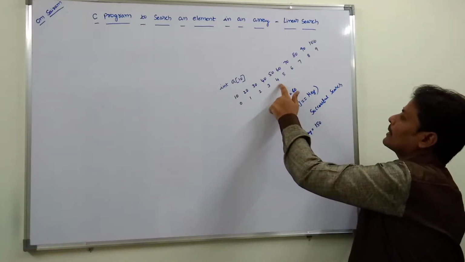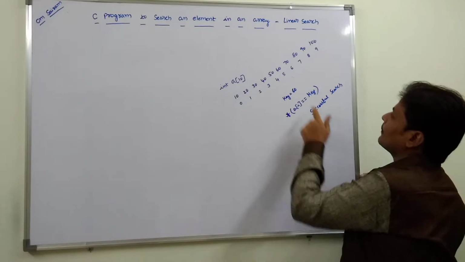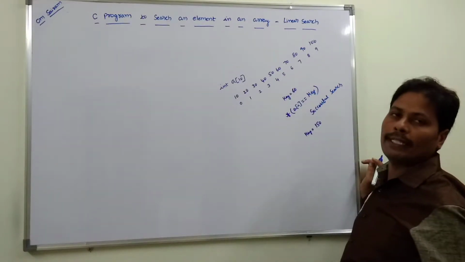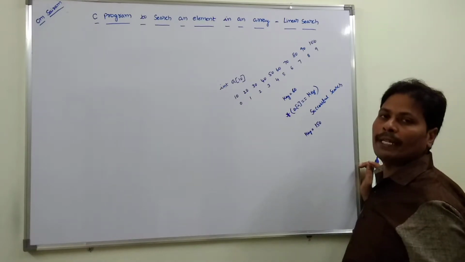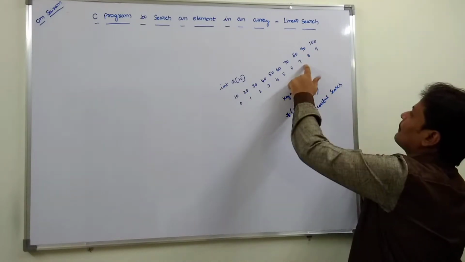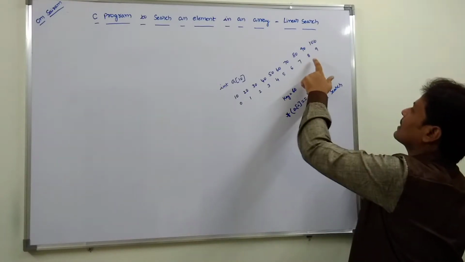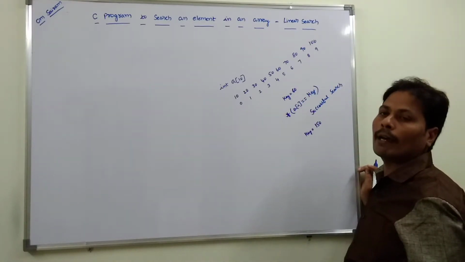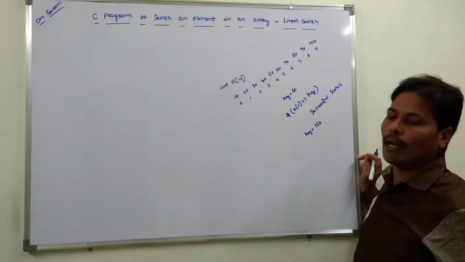With the fifth element, not matched. With the sixth element, not matched. With the seventh element, not matched. With the eighth element, not matched. With the 9th element, not matched. With the 10th element, not matched.